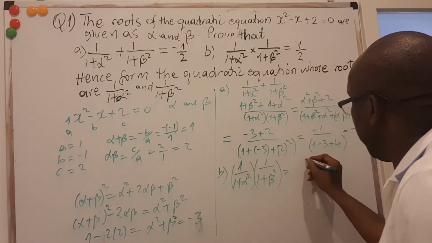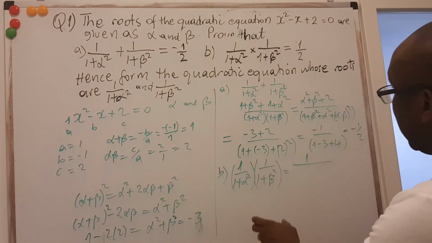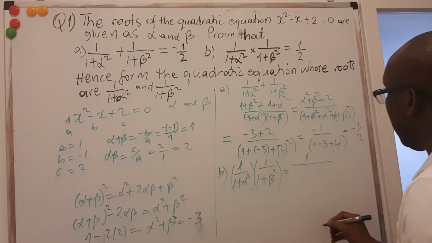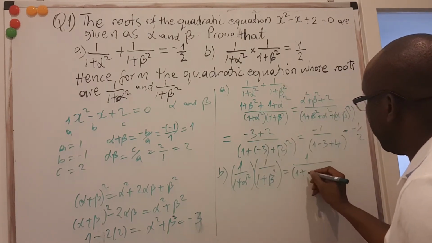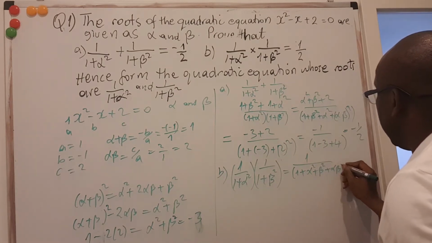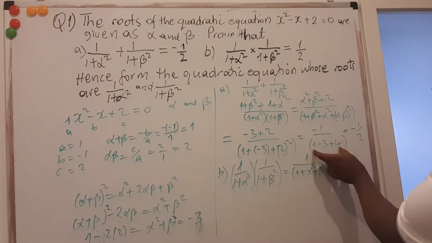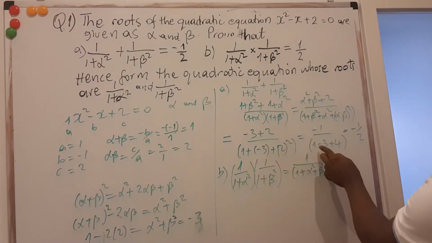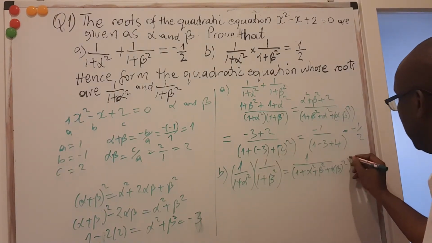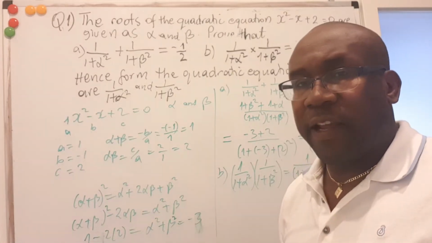The numerators multiply, we get 1 divided by the multiplication of these denominators. But this is exactly what we already did before. So normally this will be 1 plus alpha squared beta squared plus (alpha beta) all that squared. And we've already done that. If you check, we did that here. This was 1 minus 3 plus 1, that is 2. So this is just half. So that's simple. Hope that one was fine and clear.